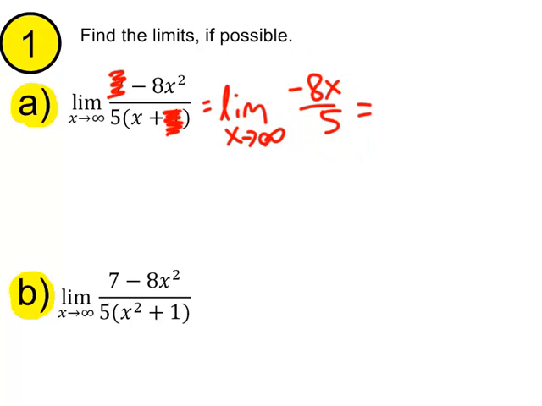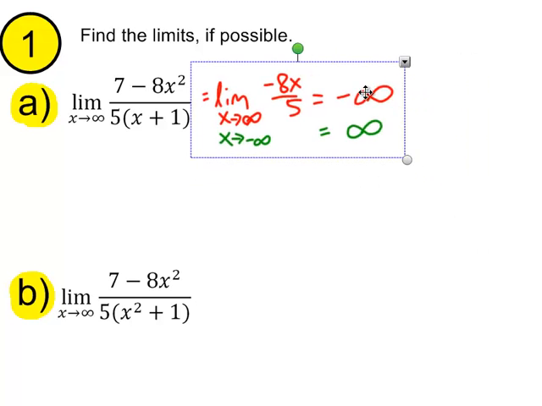So we say that that's going to approach negative infinity. And we can similarly see that if the limit had been for x approaching negative infinity, if the x value had been going in the very negative direction, we can easily see from that expression that the limit would then go to positive infinity.